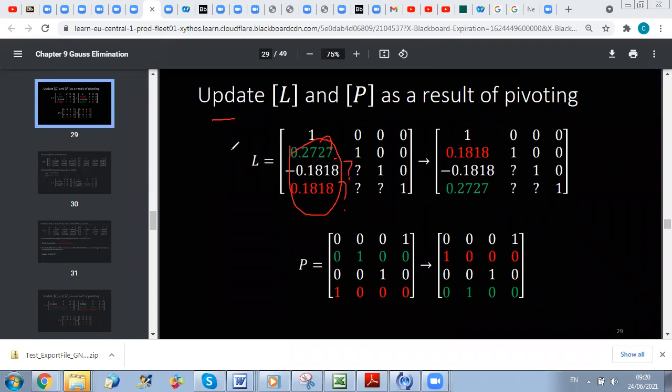This is why I gave you the remark that for the first time you do pivoting, no need to do any pivoting for L, because L was still empty. You had determined all the coefficients after you did the pivoting operation. But from now on, every time you do pivoting, you have to adjust L accordingly, because there are now elements in L. Just for the first time, L was still empty. We updated A before putting any coefficient in L. This is why for the first time we didn't do anything for L, but after this, anytime we did pivoting for the matrix, we did the corresponding pivoting for L also.